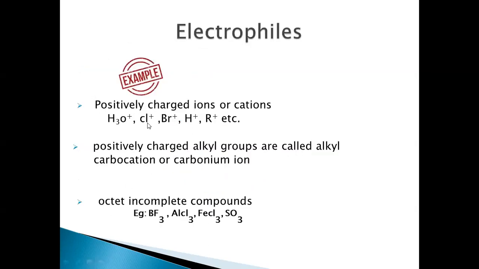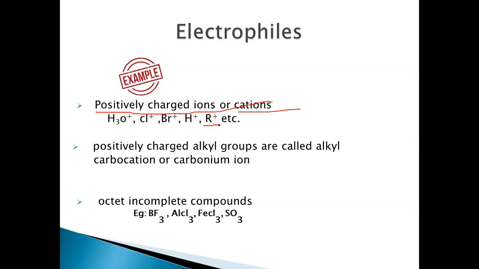Now coming to the examples of electrophiles, here we have 2 categories. The first one is positively charged ions or cations, like H3O plus, hydronium ion, chloronium ion, Br plus, H plus, or R plus.